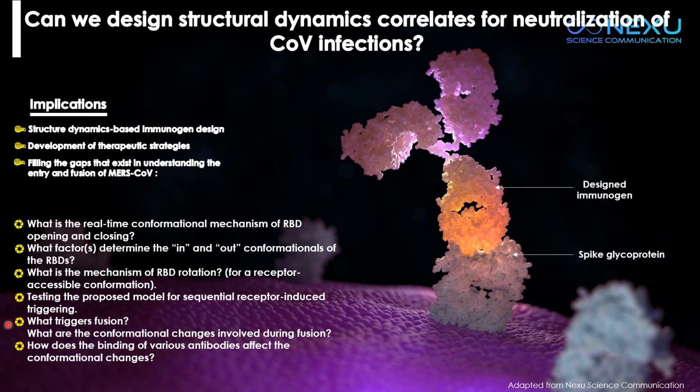And we still do not know what are the major conformational changes involved during fusion, and what is the sequence of events of those conformational changes which are taking place in the S2 subdomain.